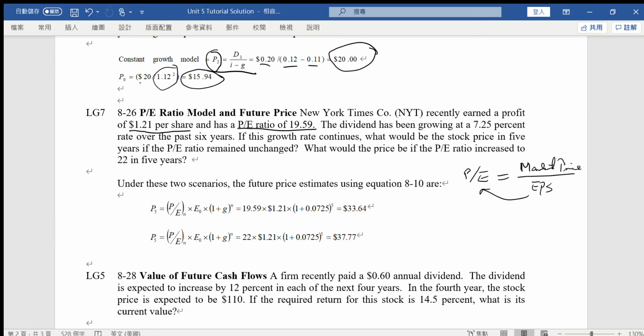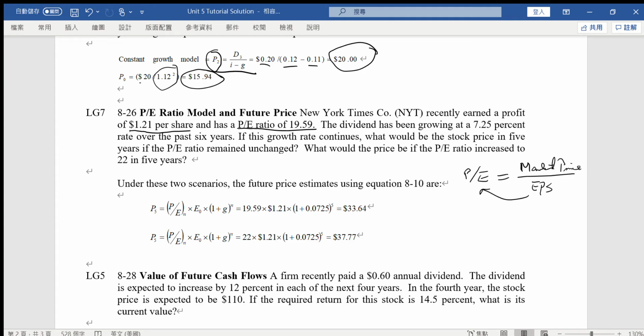And the dividend has grown at 7.25%, which is the growth rate over the past 6 years. If the growth rate continues, what will be the stock price in year 5, if the PE ratio remains unchanged? Now we want to work out the value of this stock in year 5.